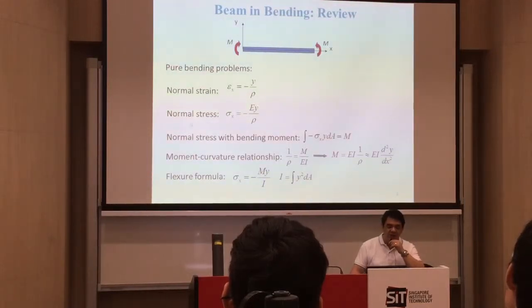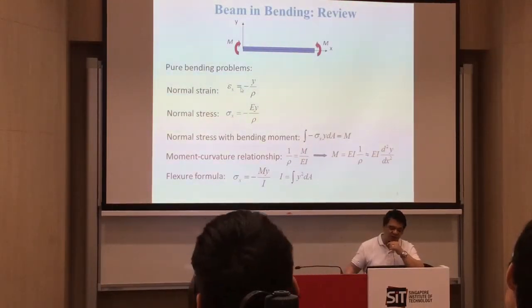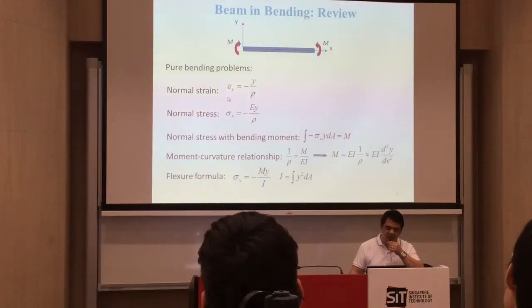All of these have been presented before, last year, but just to have a review, these are the terms that you should be familiar with: strain, stress, moment, and the second moment of area. These are the things that you must be familiar with when it comes to beams.